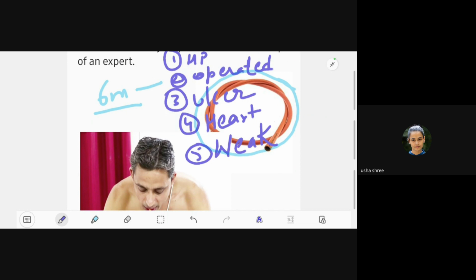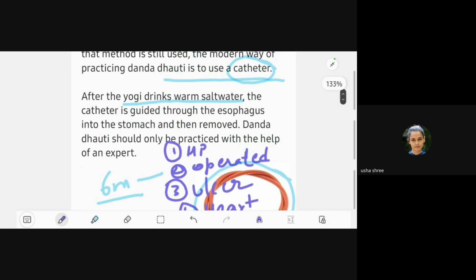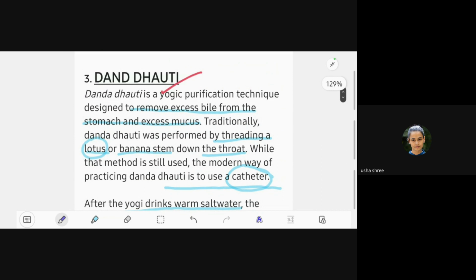Who should practice it? Anyone can practice this, but mainly the one who is suffering with excess of bile and excess of mucus.